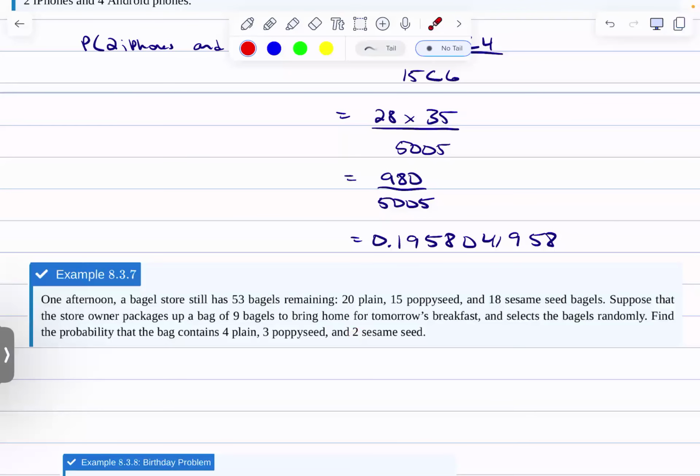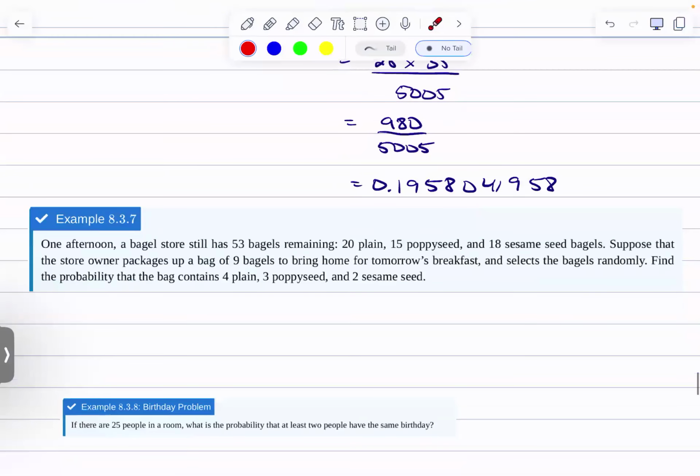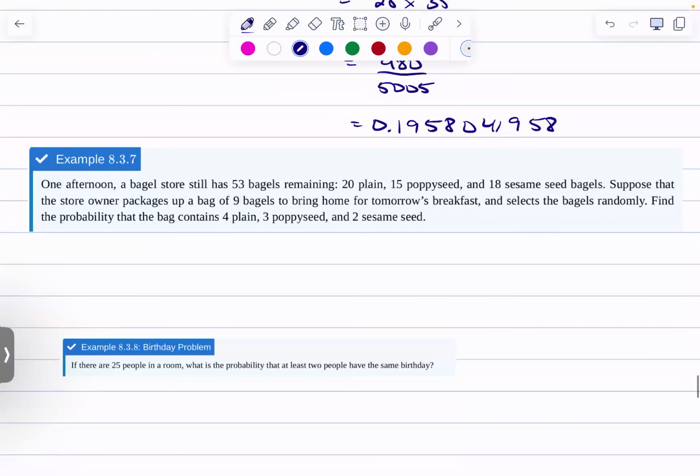So here we go again. The probability of 4 plain and 3 poppy seed, I'll just do poppy, and 2 sesame.